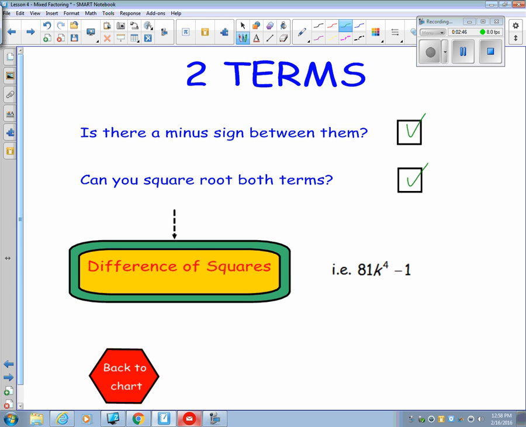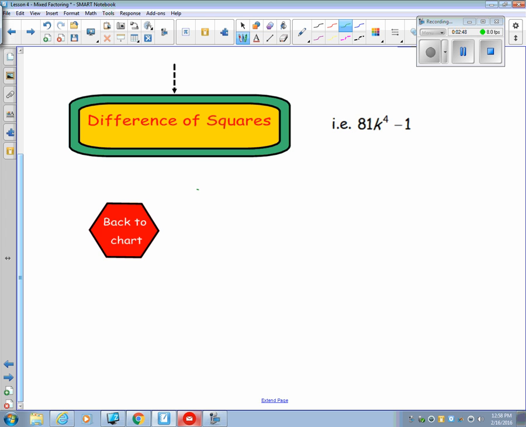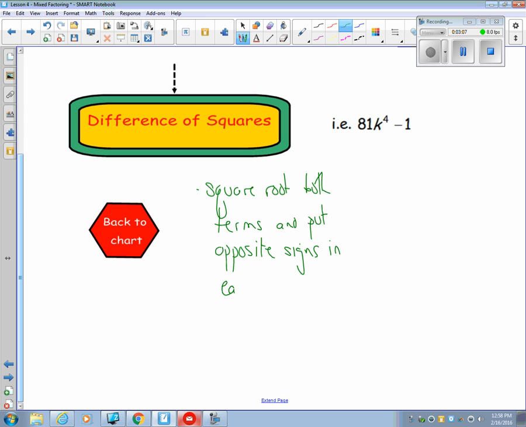How do we do difference of squares again? Well, okay, we're going to square root both terms and put opposite signs, so one positive, one negative, in each bracket.